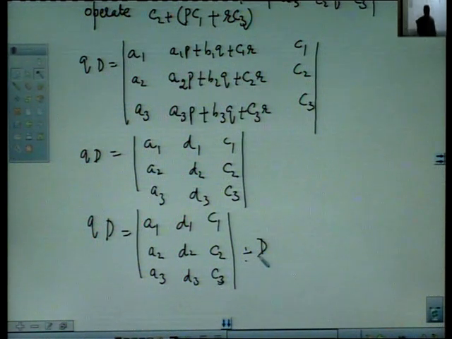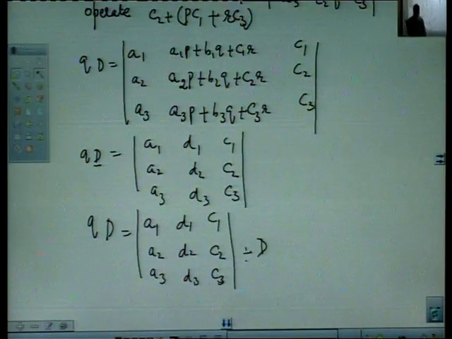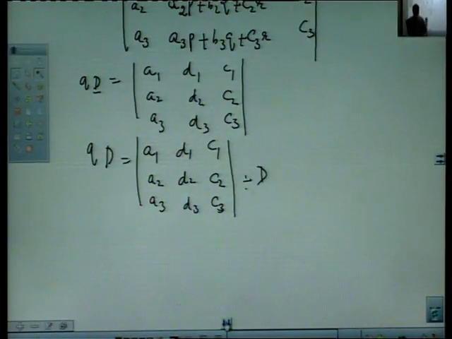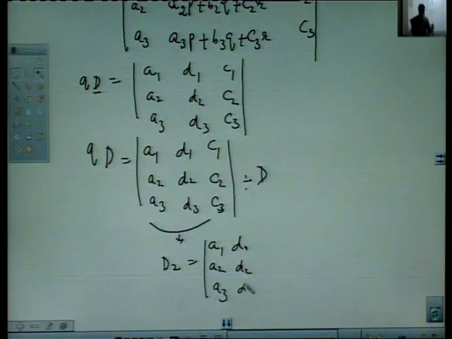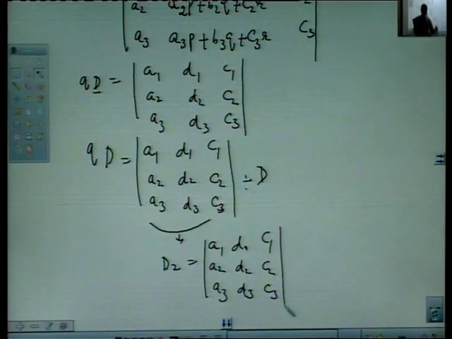Let us take it as D2: A1, A2, A3, D1, D2, D3, C1, C2, C3.